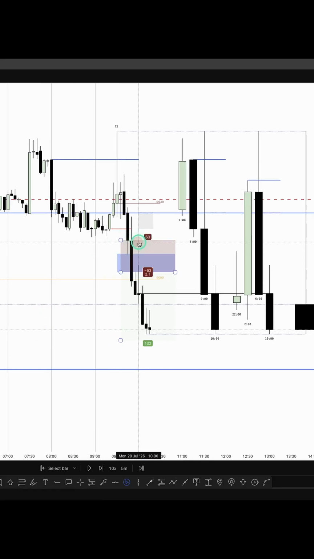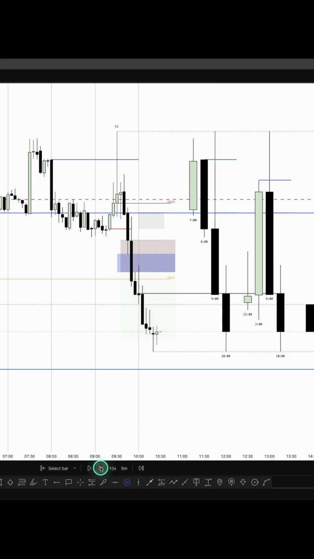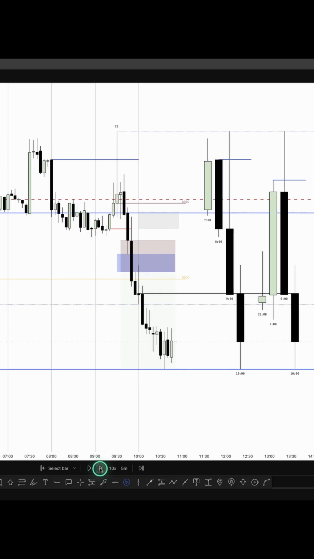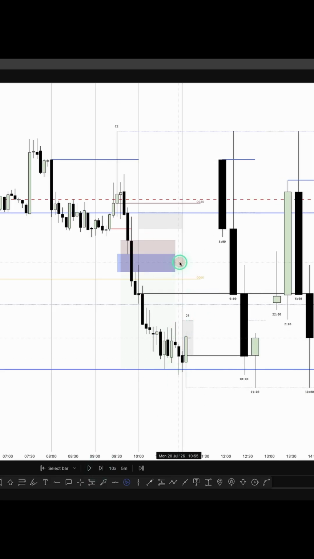Your stop loss could be above that candle there. And then we let it play out, and then you hit 2R. You even hit previous day low, I believe, this day. Yep, you hit previous day low this day, so it gave you more than 2R. It gave you 3.5R, right?